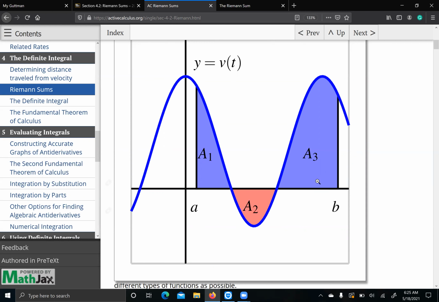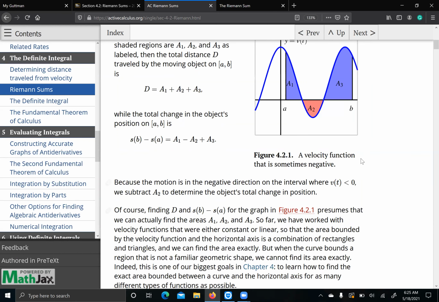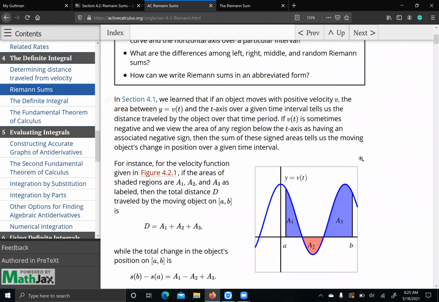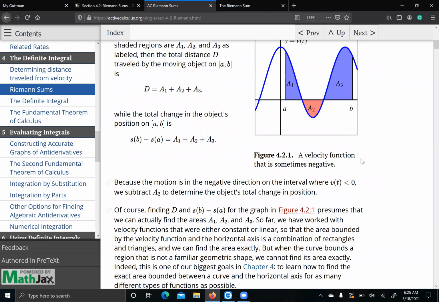We can obtain the distance by looking at the area under the curve, which is highlighted here as A1, A2, and A3. This is one of the reasons that we are interested in the area under the curve.